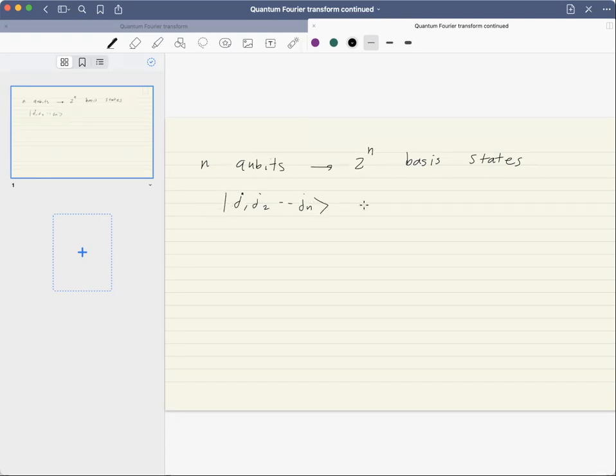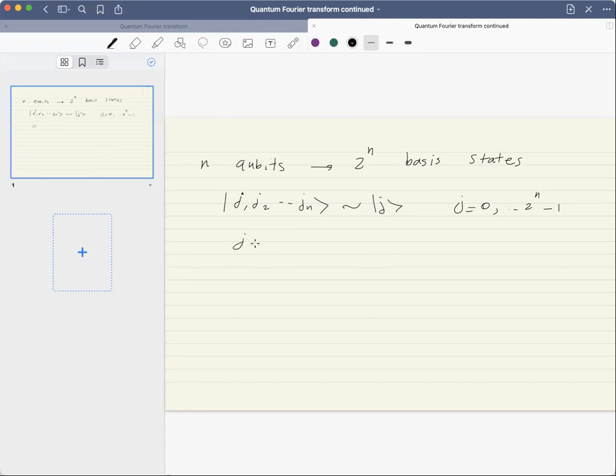So that gives us 2 to the n combinations. And then we represent that by just state J. So this bit string, this sequence of zeros and ones, can be thought of as the binary representation of the number J. So number J goes from 0 to 2 to the n minus 1.